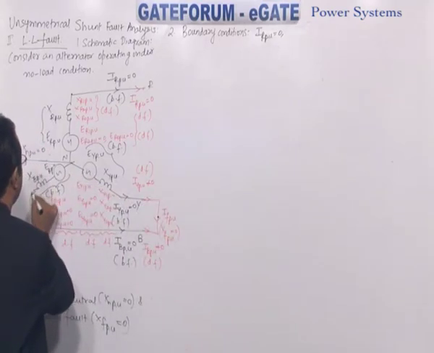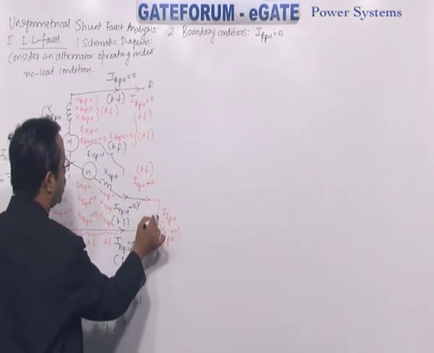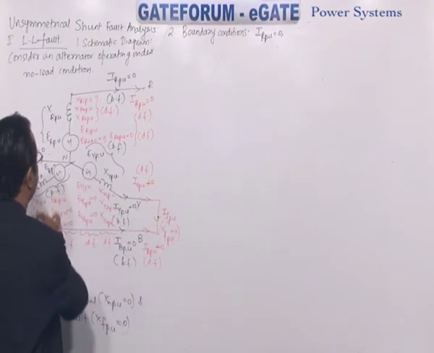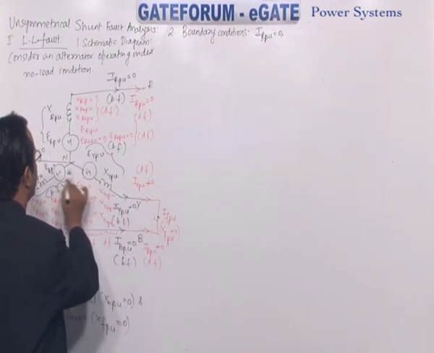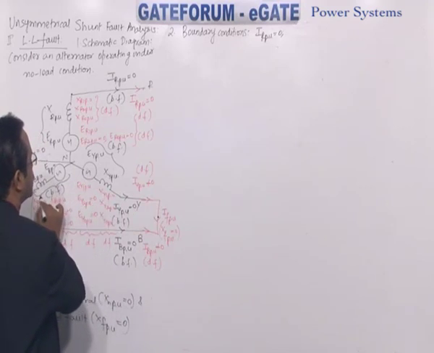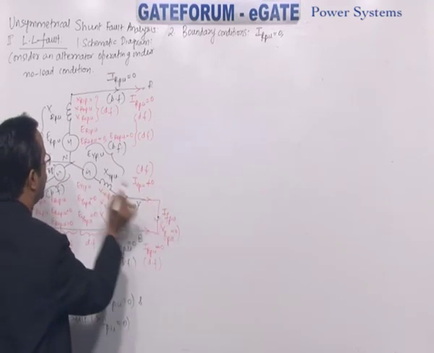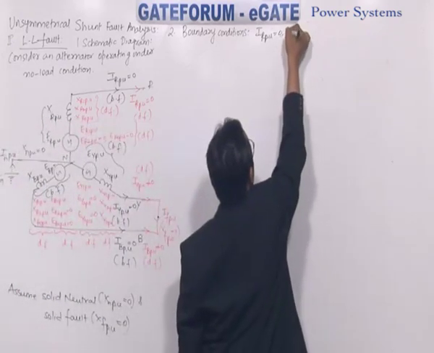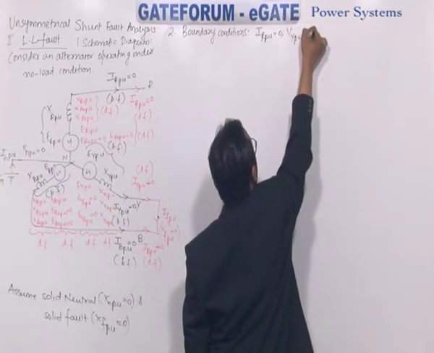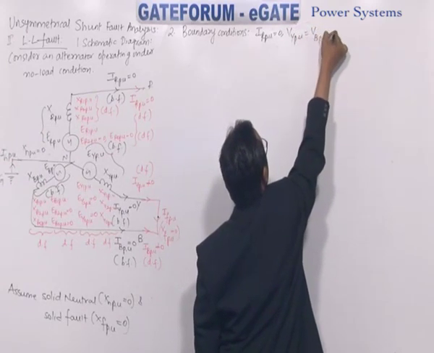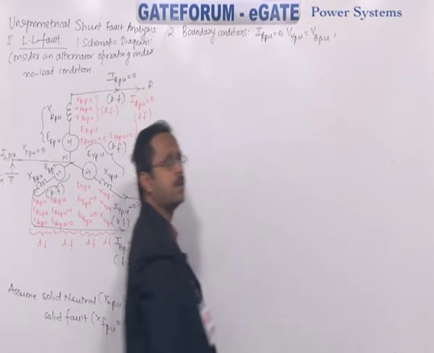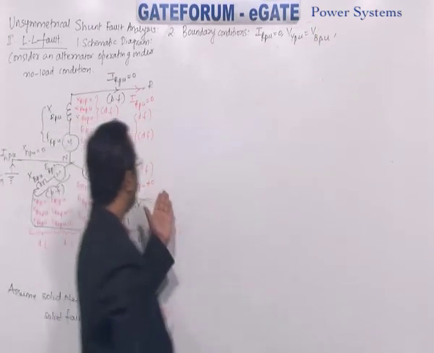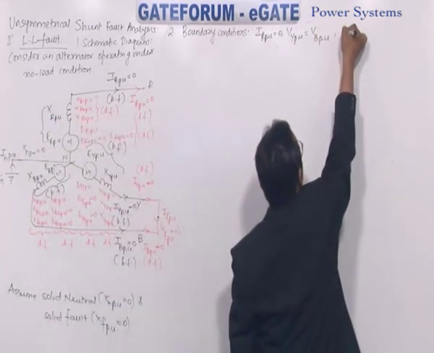Through B phase, the terminal voltage is VB per unit. Either in the Y phase or in the B phase, we have the voltage source and reactance. So VY per unit equal to VB per unit. So the second boundary condition is VY per unit equals VB per unit. And what about the third boundary condition? IF is the same as IY.